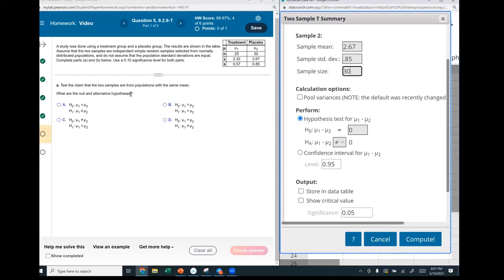Oh, sorry, we didn't even get the null and alternative hypothesis. So we know that the null hypothesis always has to be that they're equal. So what's the claim? That the two samples are from populations with the same mean. So actually, that's my claim. So if that's not true, then it's got to be. So my claim is that they're equal.